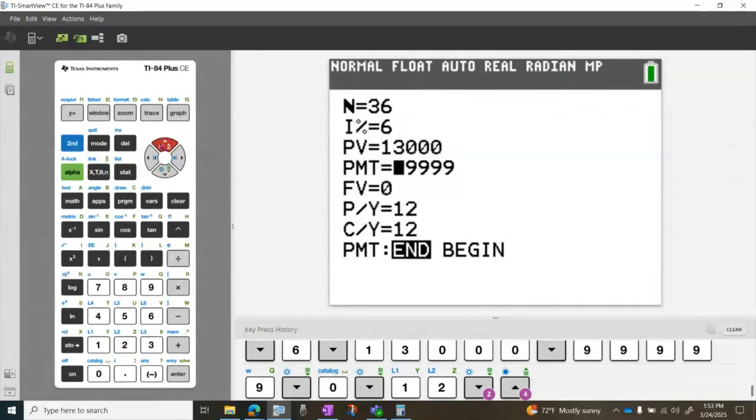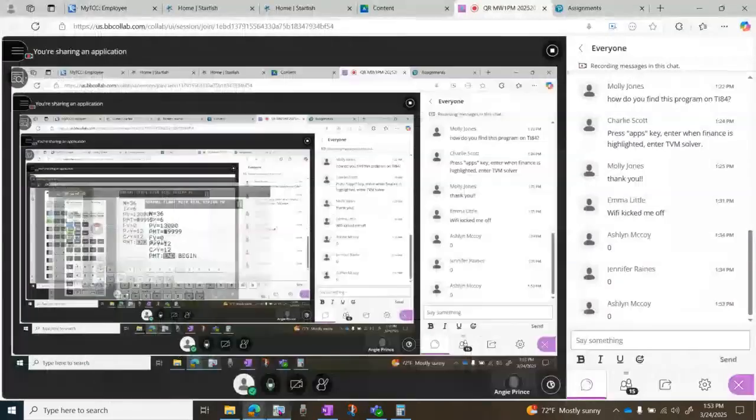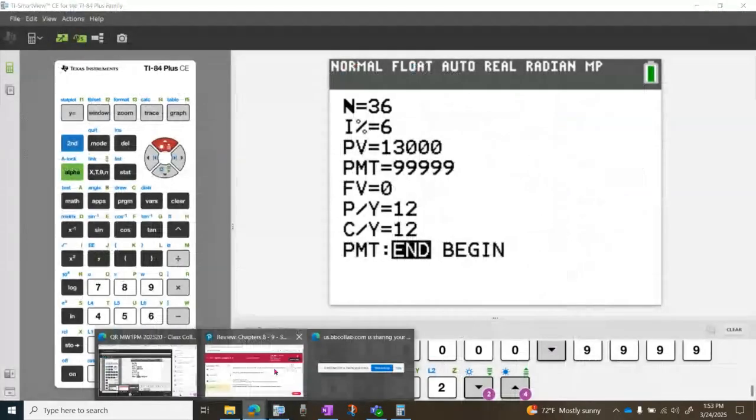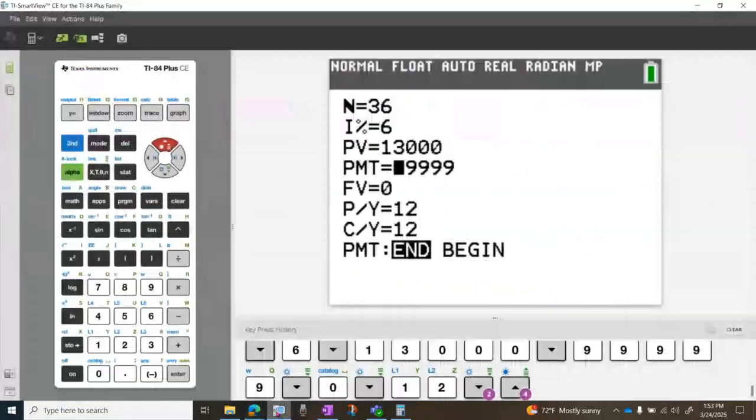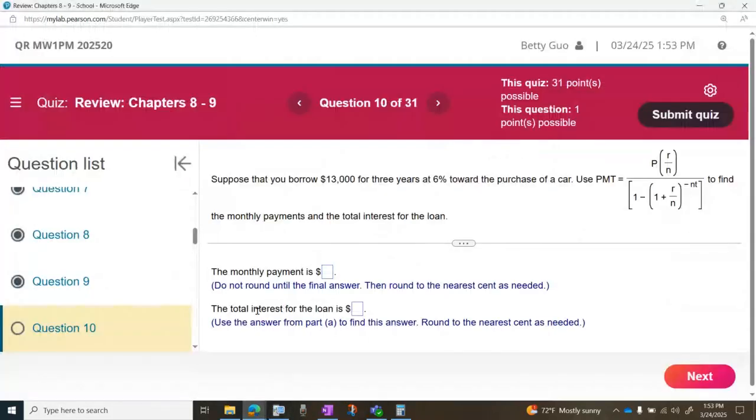Go up to solve for payment. Let me double check: 3 years loan, 6%, 13 grand. You borrow 13 grand. Okay, so payment, alpha, enter. Let's see how do we round. Follow the instruction: do not round until the final answer, then round to the nearest cent.